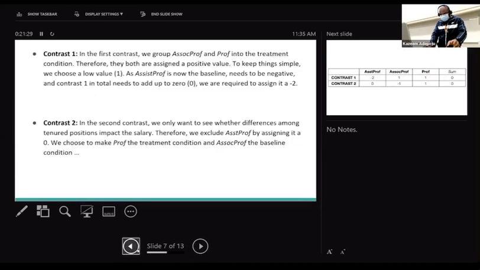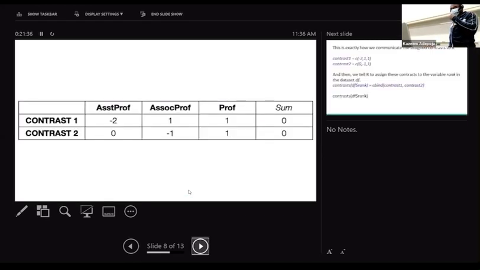That is what I explained here. If you look at contrast 1, you're going to notice that the one I used on Friday is different from what I'm using now. It's the same. Let me remind you what I used on Friday for a question like this.